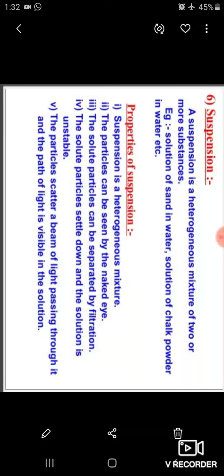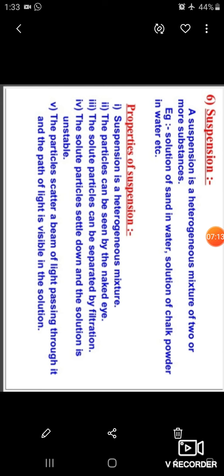A suspension is a heterogeneous mixture because it can be easily seen with the naked eye. The solute particles can be separated by filtration, they settle down, and the suspension is unstable. The particles scatter a beam of light and the path of light is visible.